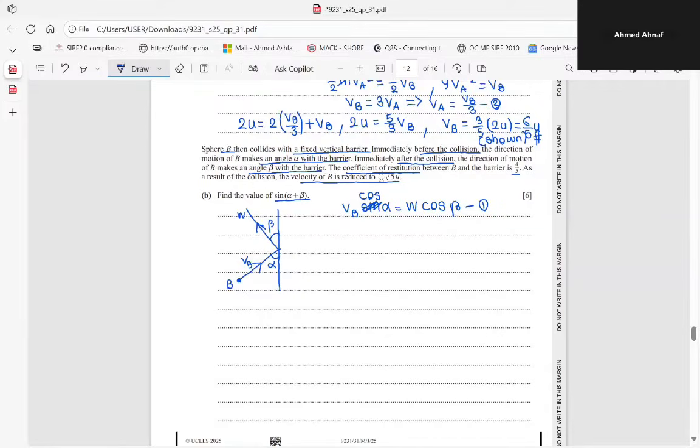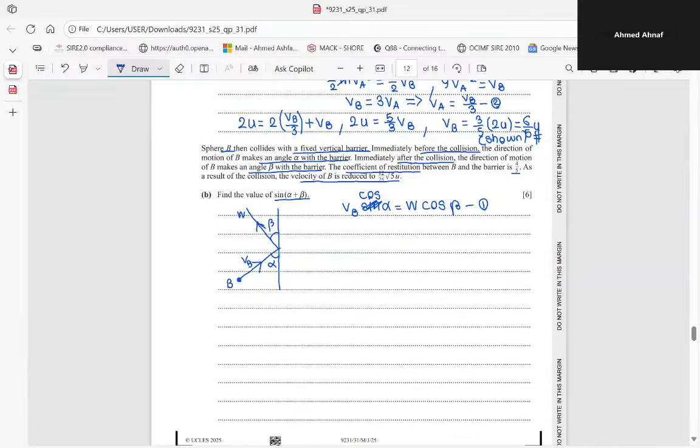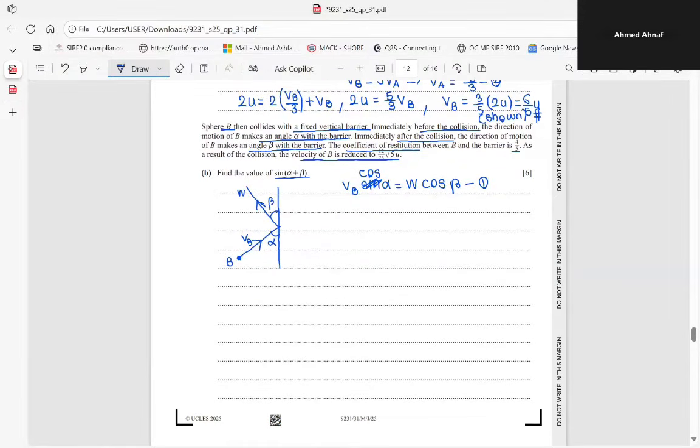And then now the second equation, we're going to use the coefficient of restitution. So the formula for the coefficient of restitution is the relative speed of separation over the relative speed of approach, equals 4 over 5. So the speed of separation is the horizontal speed after the collision. So in that case, this would just be W sine beta over the speed of approach, which is also horizontal, which is VB sine alpha, equals 4 over 5.